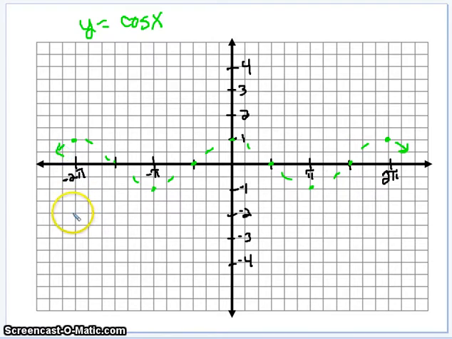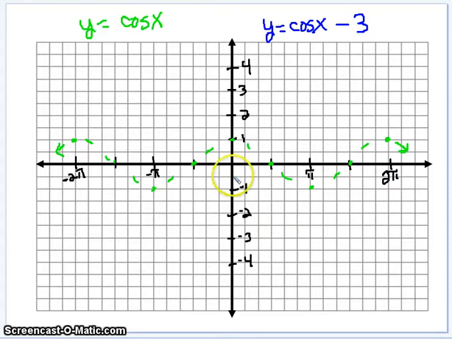So if you want credit, you need to make sure that you have these graphs on graph paper in your notes.